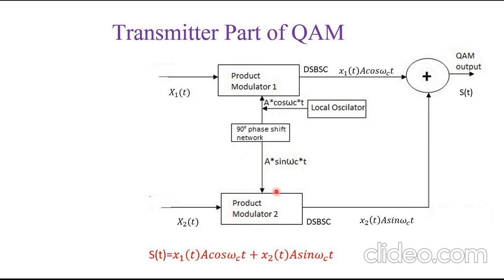As we give these to the product modulators, you will find at this side the DSBSC output, which means double sideband suppressed carrier.